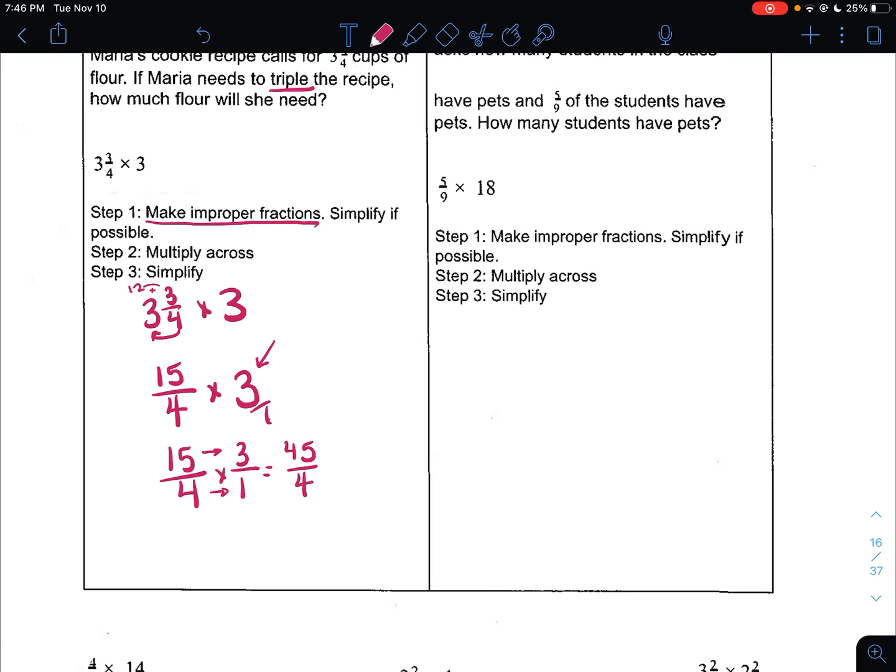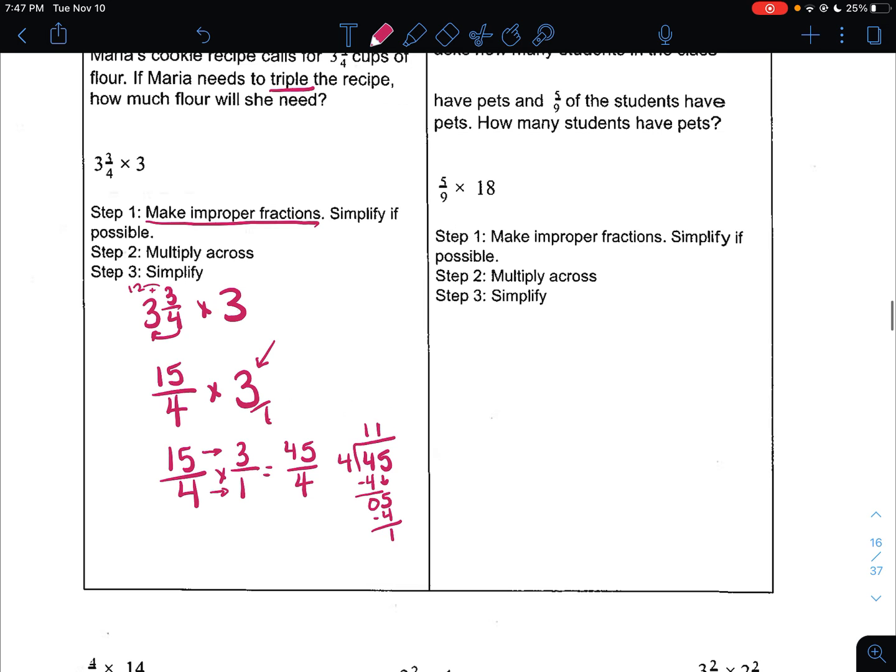So we have 45/4, but we need to make this a mixed number. So we need to do 45 divided by 4. So good old long division never goes away. So does 4 go into 4? It does. It goes in once. 1 times 4 is 4. Subtract. Get 0. Bring down the 5. 4 goes into 5 once. 1 times 4 is 4.